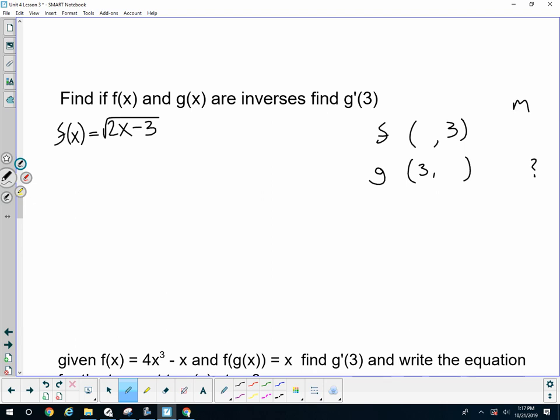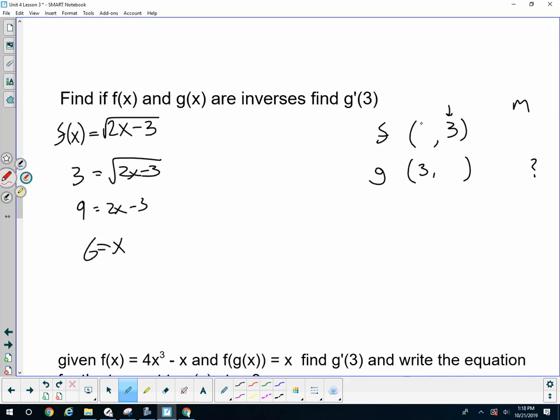Now, in most of these situations, you will be given information to lead you to this point that you're trying to find. But in this case, I'm not. It's no big deal. When my y is 3, what is x? I can solve for x very easily. Square both sides. Add 3, divided by 2, I get x equals 6.